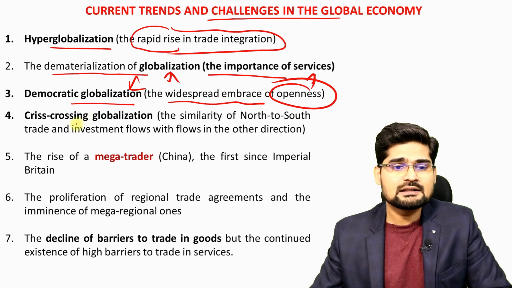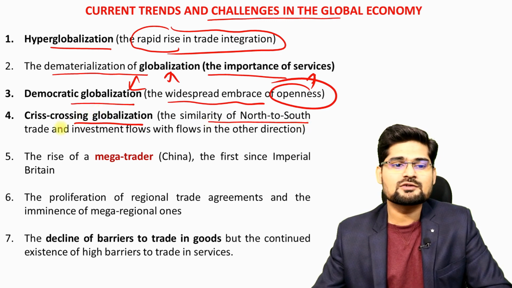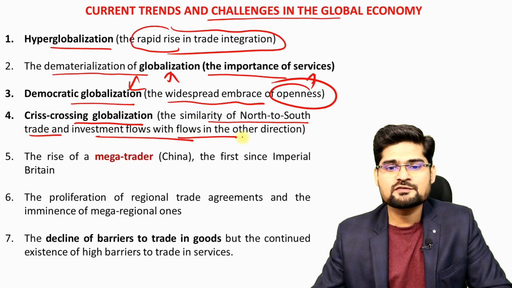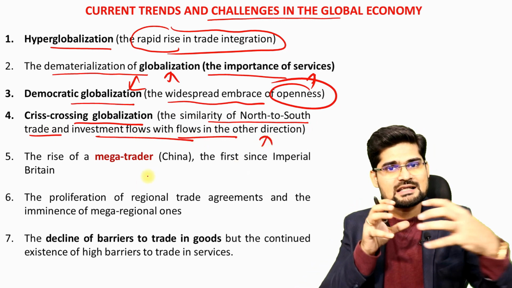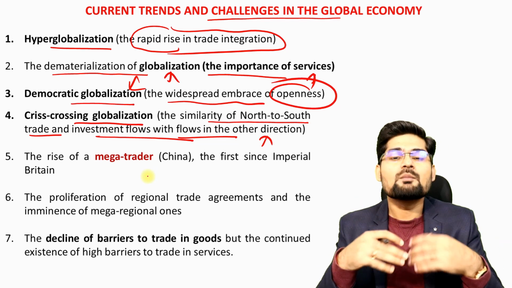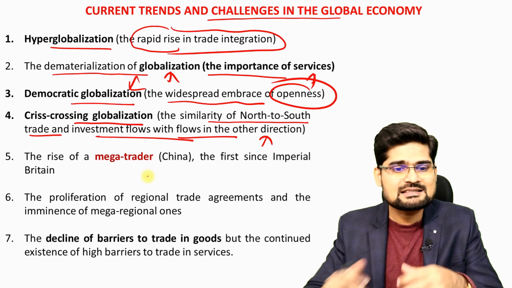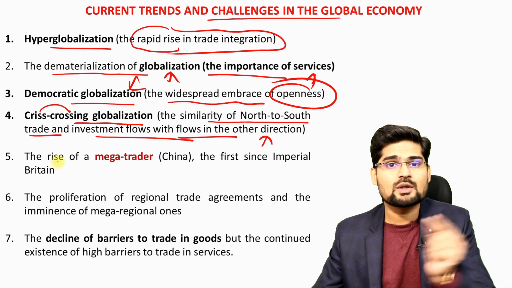Then crisscrossing globalization is another terminology being used. The similarity of north to south trade and investment flows which flow in the other direction as well, so developing and developed countries trading as well as developed and developing alliances. Multiple alliances are coming into the picture, crisscrossing. It's like a web. It's not just one way.